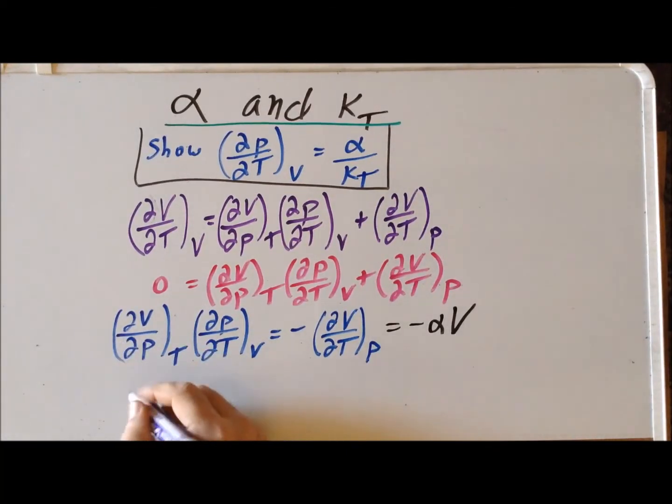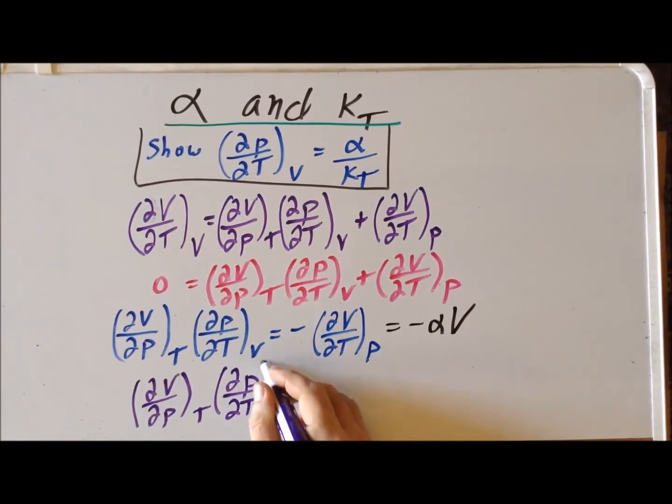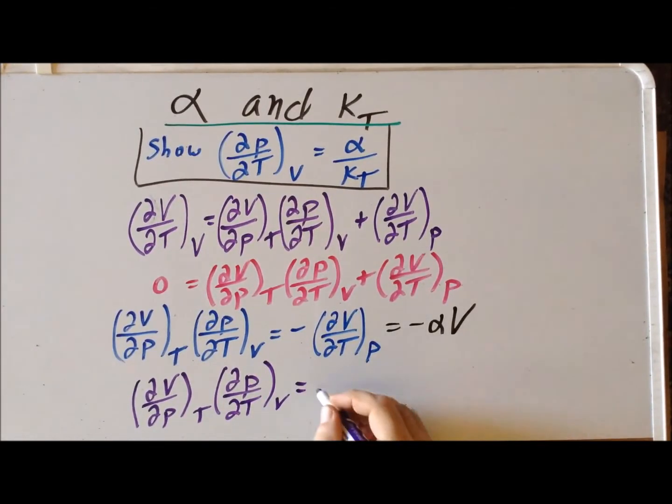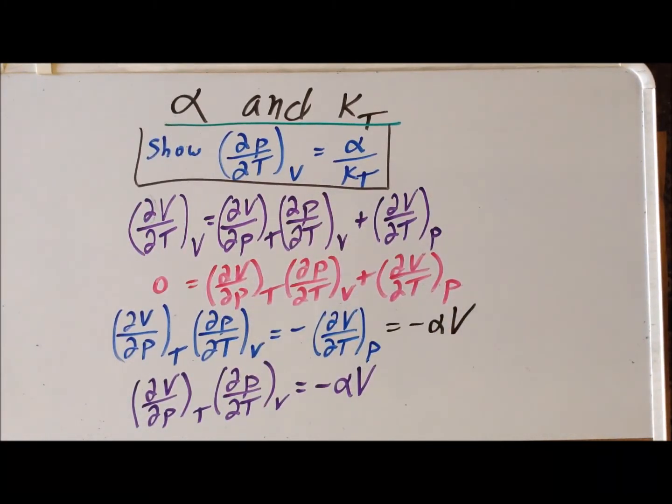And that gives us that the partial of V with respect to P under constant temperature times the partial of P with respect to T under constant volume is equal to minus alpha, the expansion coefficient, times V, the volume. So we're part of the way to our final result. We have incorporated alpha, and that suggests that our next step will be to find some expression that is equal to K sub T in our current expression.